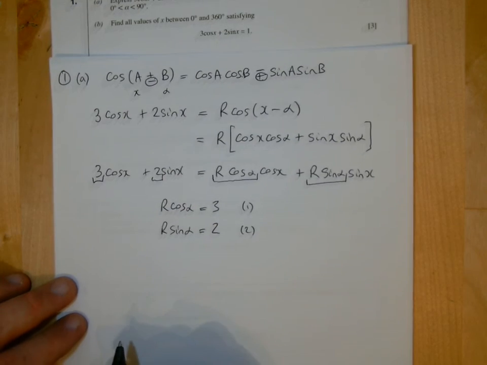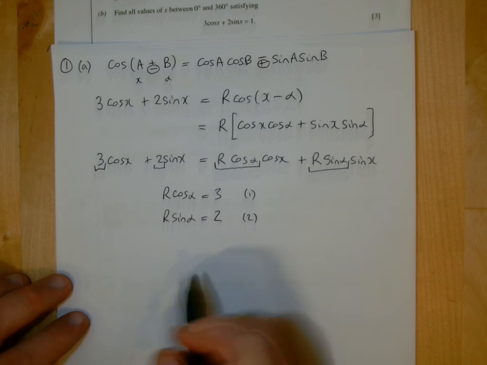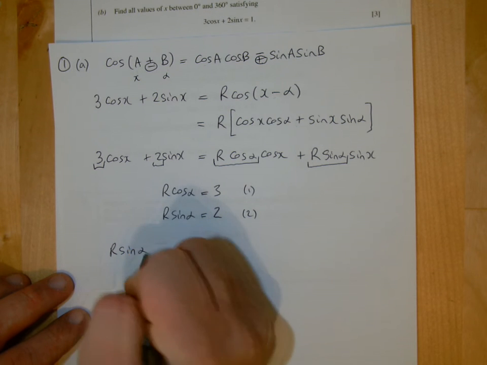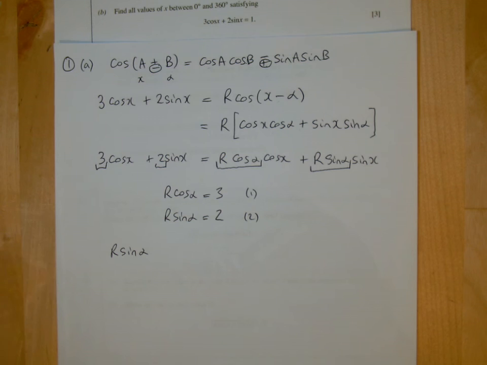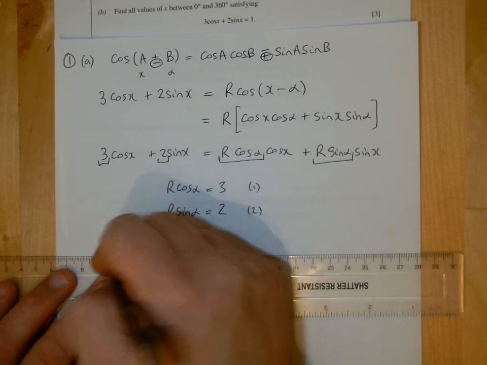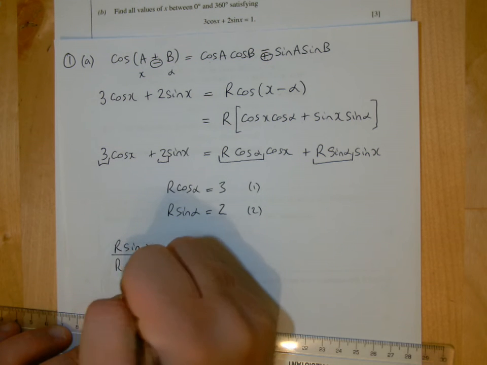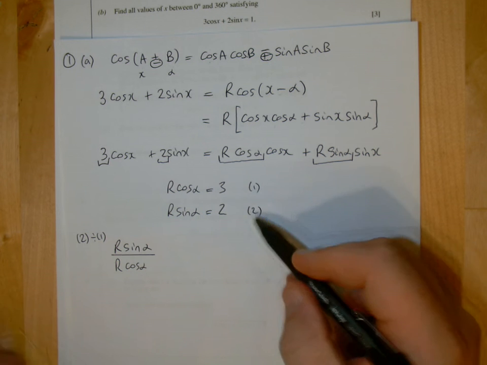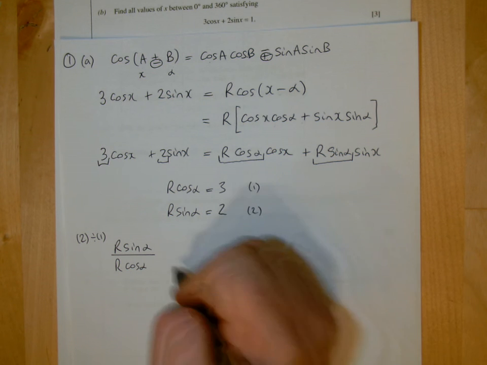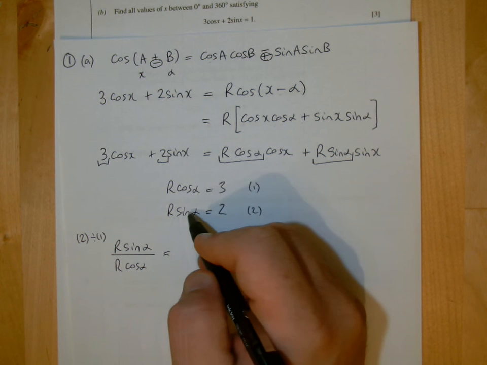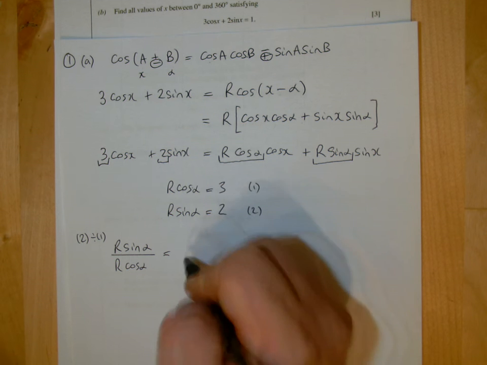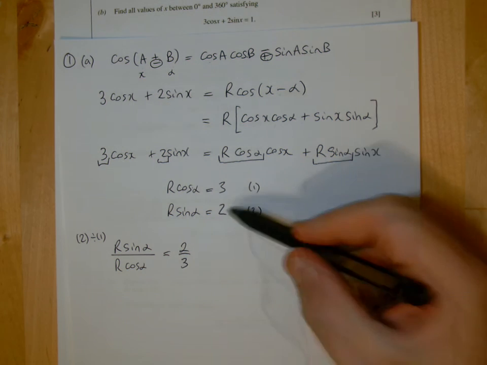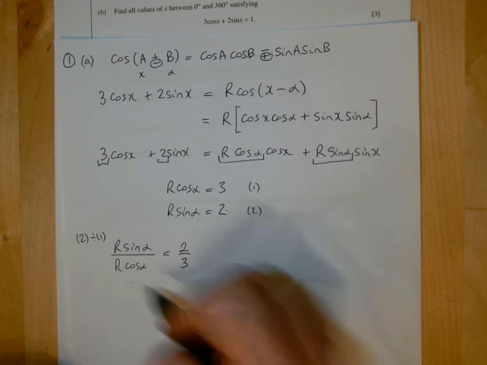And what happens when you divide them? We'll divide them the other way around. So r sin alpha divided by r cos alpha, comparing the other sides, will be 2 divided by 3.